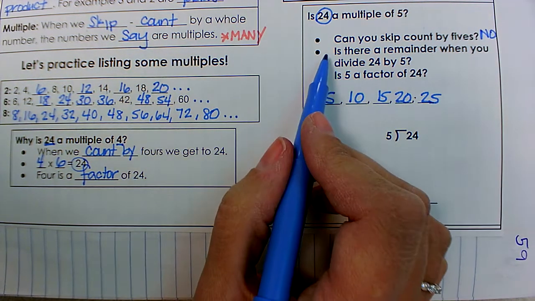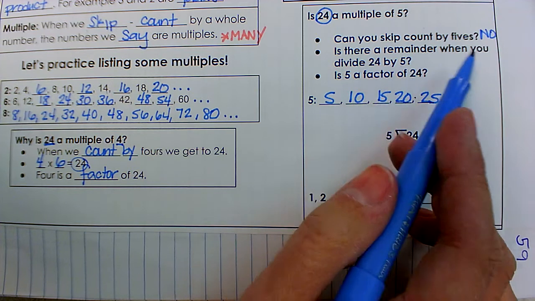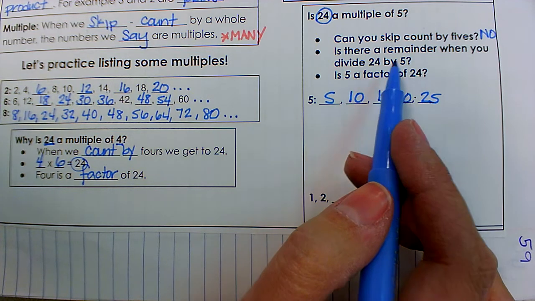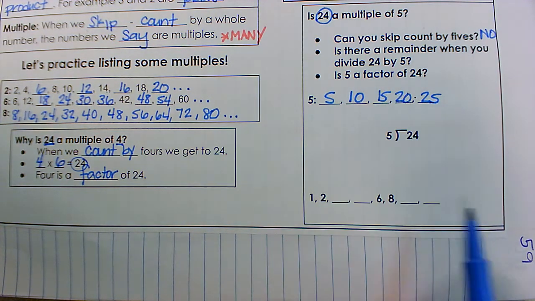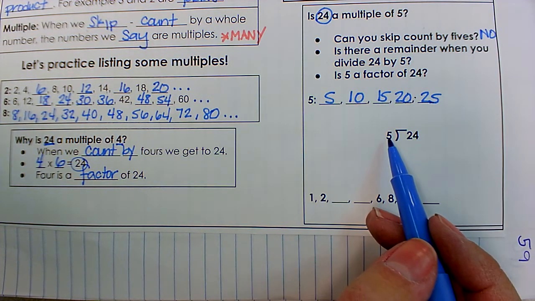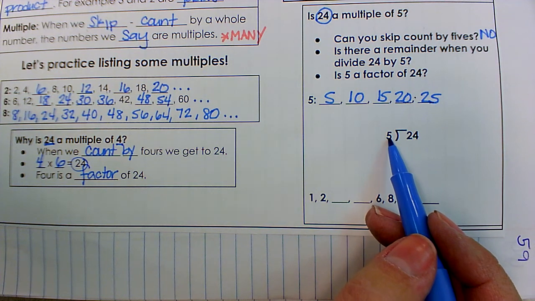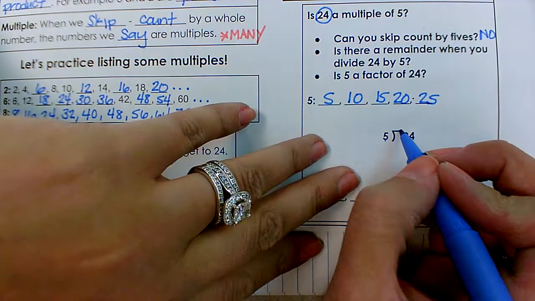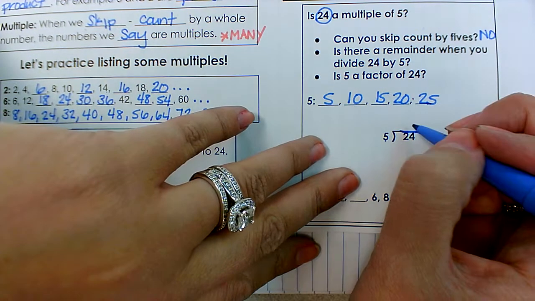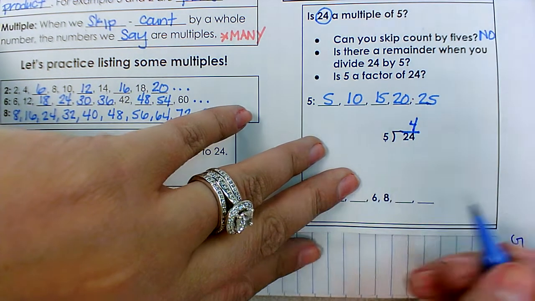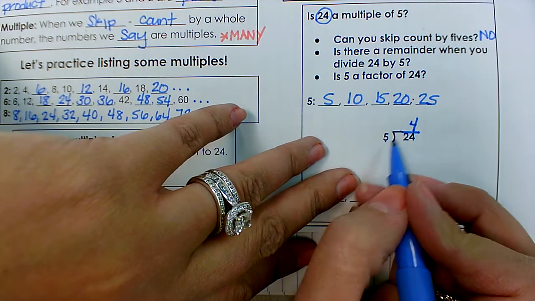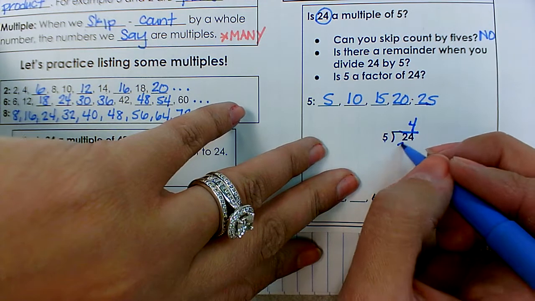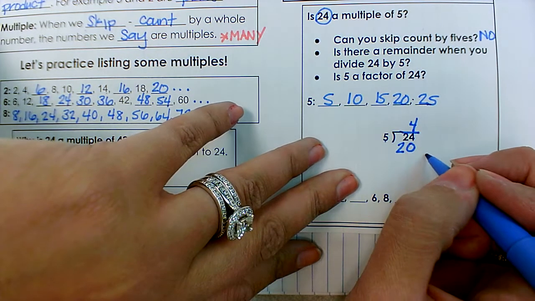Now, my next question is there a remainder when I divide 24 by 5? So here's a strategy. I'm going to divide. Now, I want to know, can I get how many groups of 5 into 24? I'm going to extend this line a little bit. And I can fit 4 because I know that 4 times 5 equals 20.